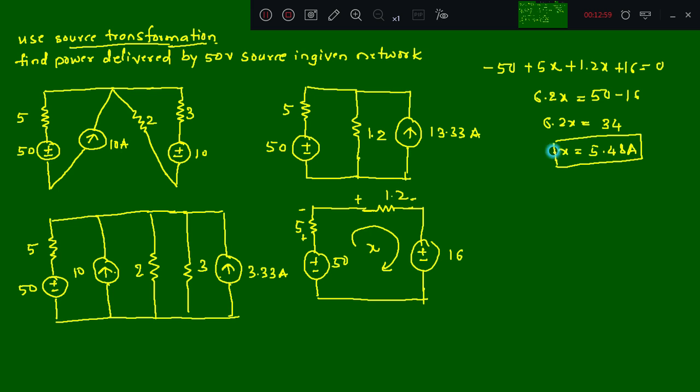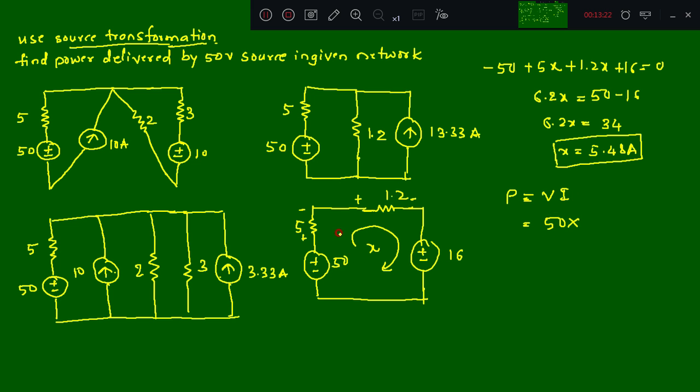Is this the solution? No. So we have found out the loop current, right? But what they have asked is to find the power delivered by the 50 volt source in the given circuit. So I need to find the power delivered. So we know the current flowing through this voltage source. We know that P equal to V into I, right? So what is the V value here? Voltage source 50.